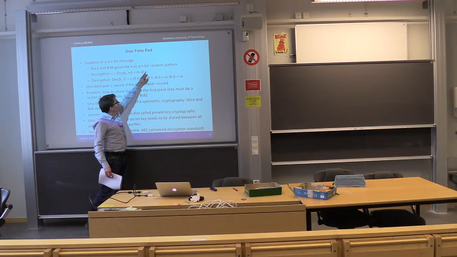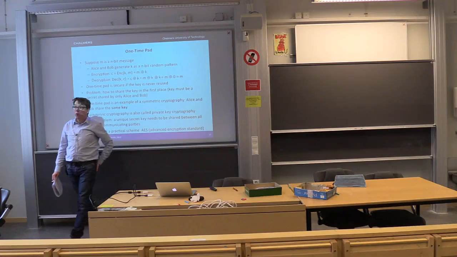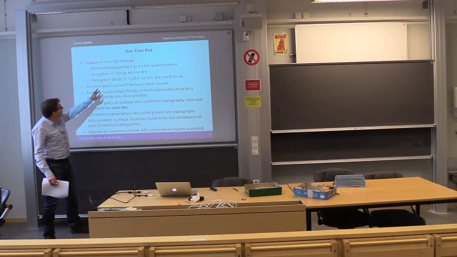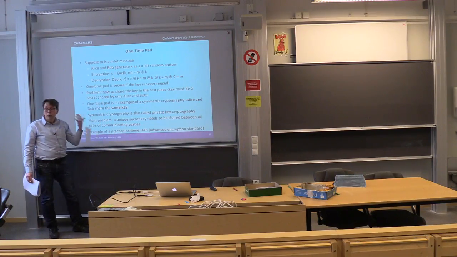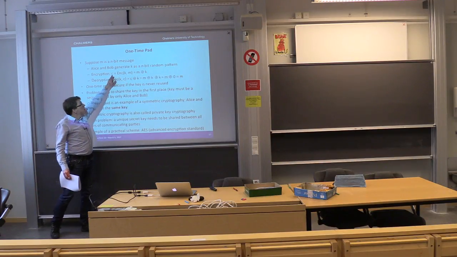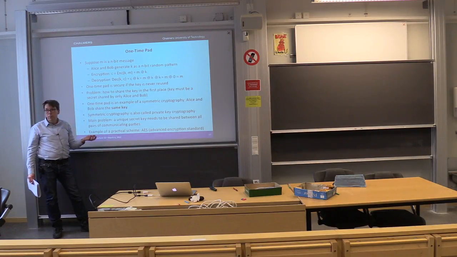We just take the bitwise XOR of these two patterns, and then we get the ciphertext C. To Eve, C looks completely random, so it carries no information about M, because Eve has no idea what K is.